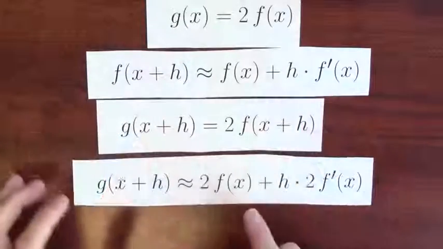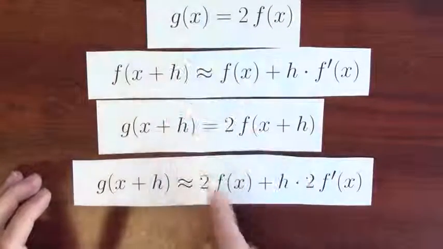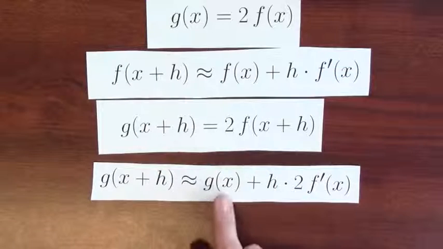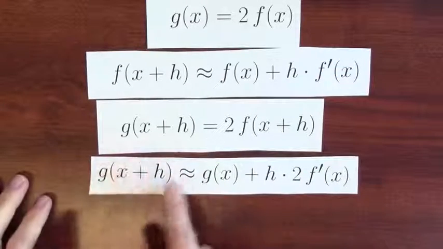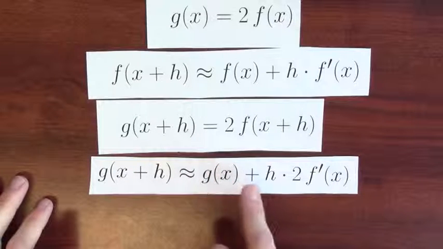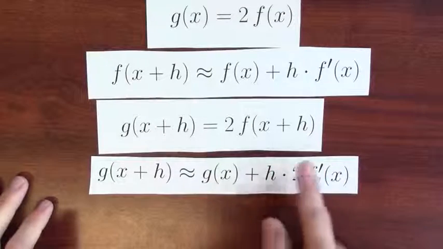I can make this a little bit nicer. Since twice f of x is g of x, I can replace this 2 times f of x with g of x. And this is really looking good. This is telling me that g's output at x plus h is about g's output at x plus how much I change the input by times some quantity.